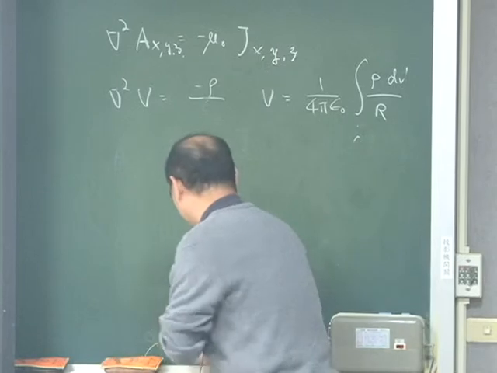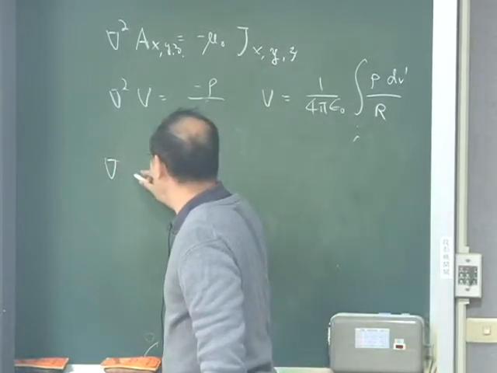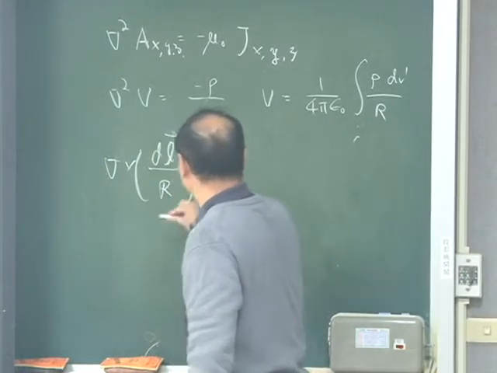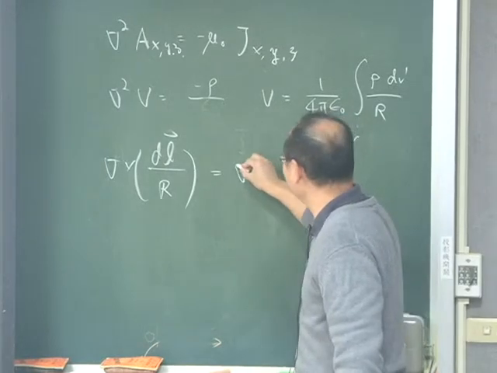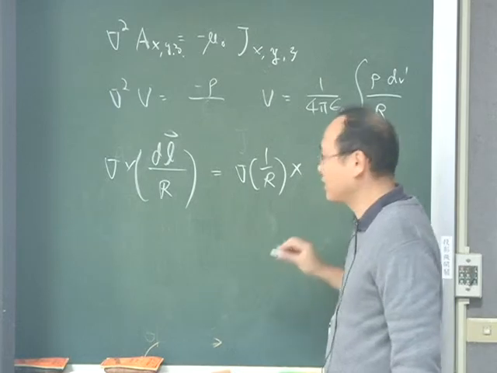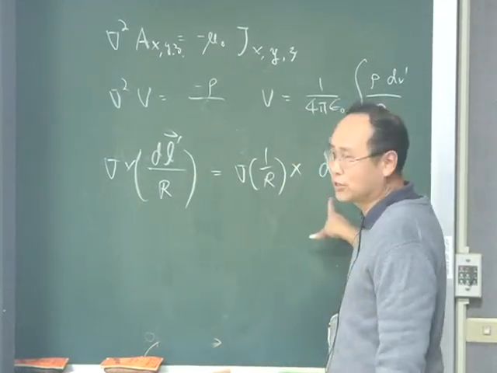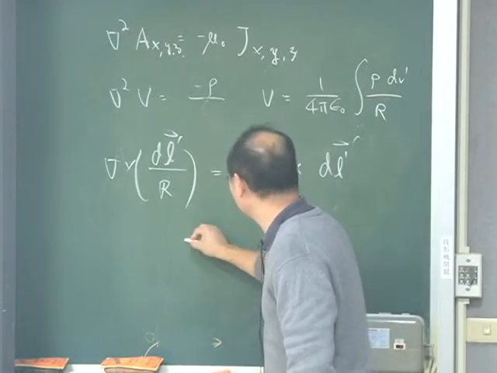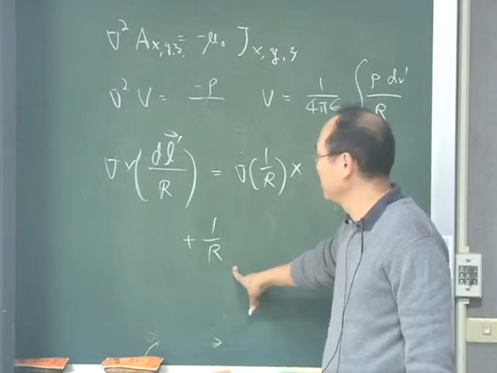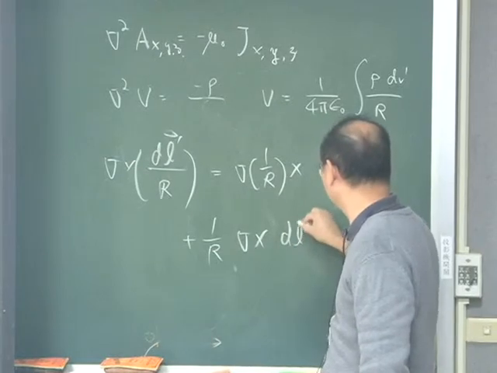You can do it step by step, so you don't get confused. Okay, so we can take the gradient of 1 over R cross product with dl prime as the first term, and then the second term is 1 over R outside the operator, and then you do the curl of dl prime.